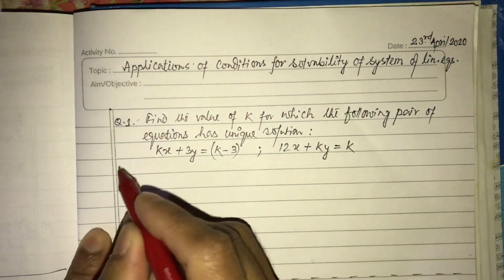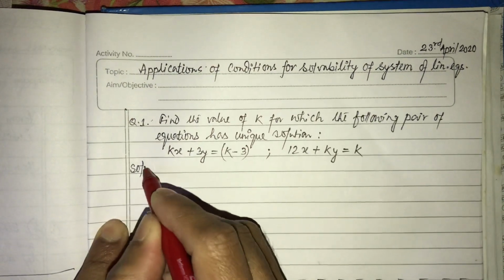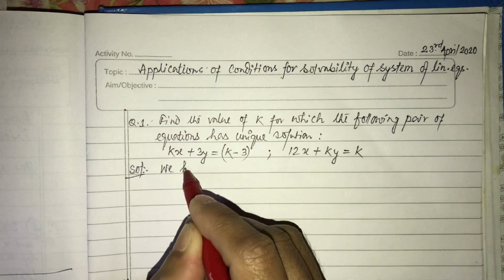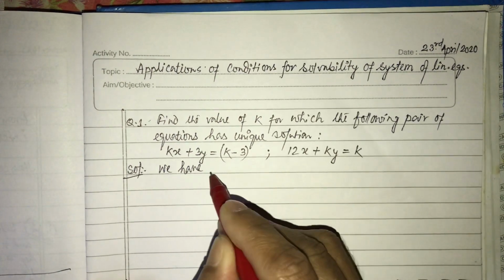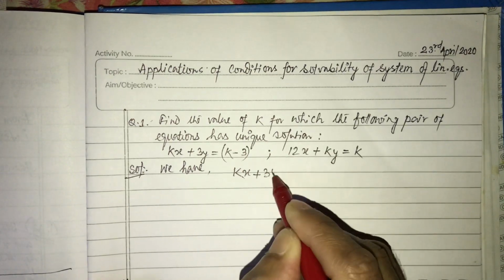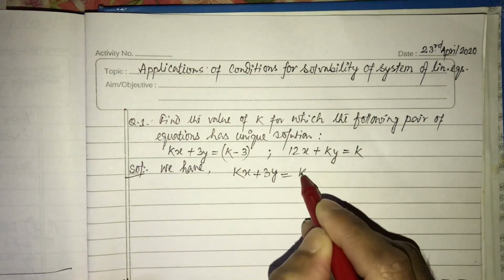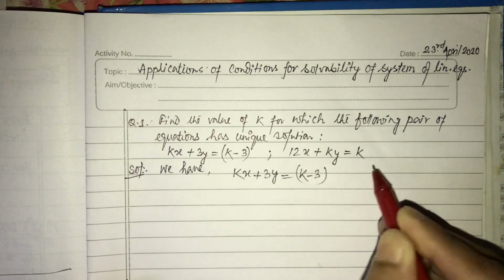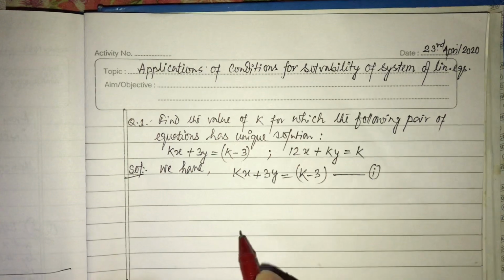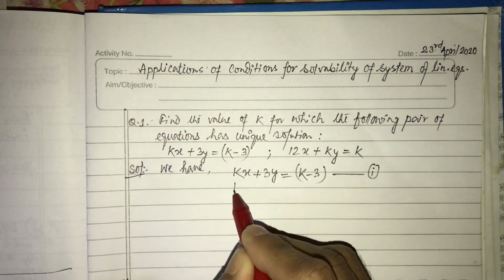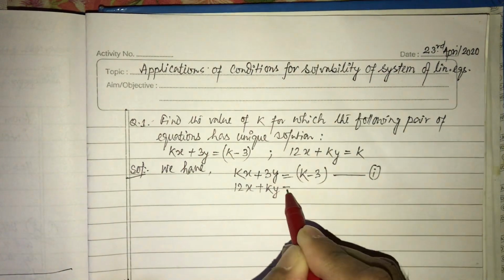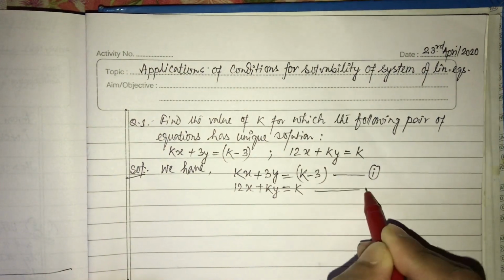So let's see how to find the solution. We have the equation kx plus 3y is equal to k minus 3. This is our first equation, so we mark it equation 1. And the second equation is 12x plus ky is equal to k. This is our second equation.